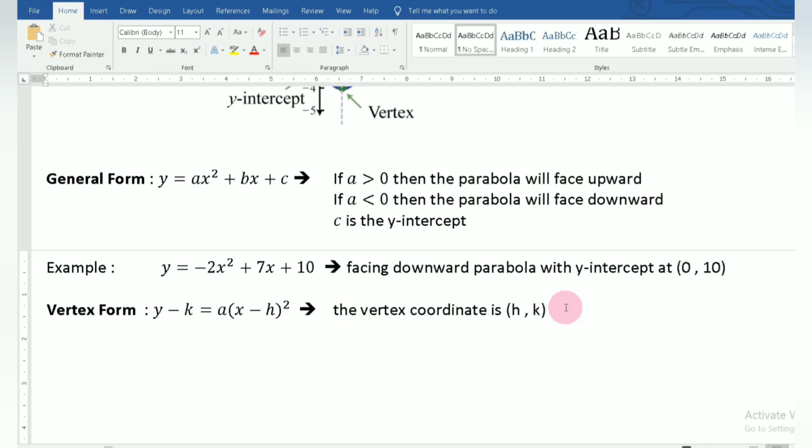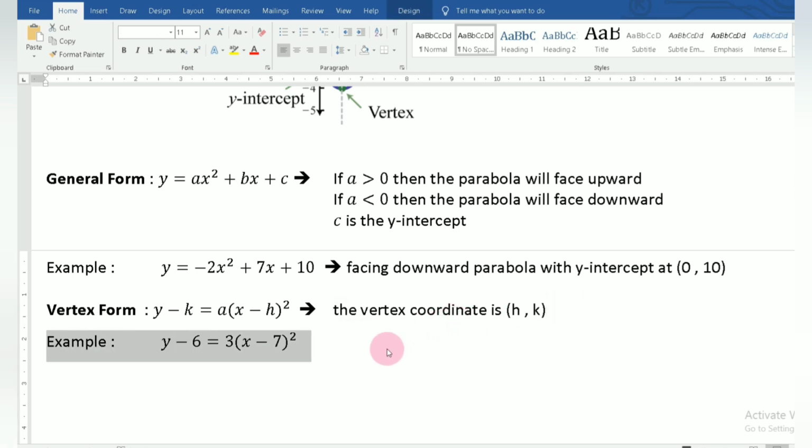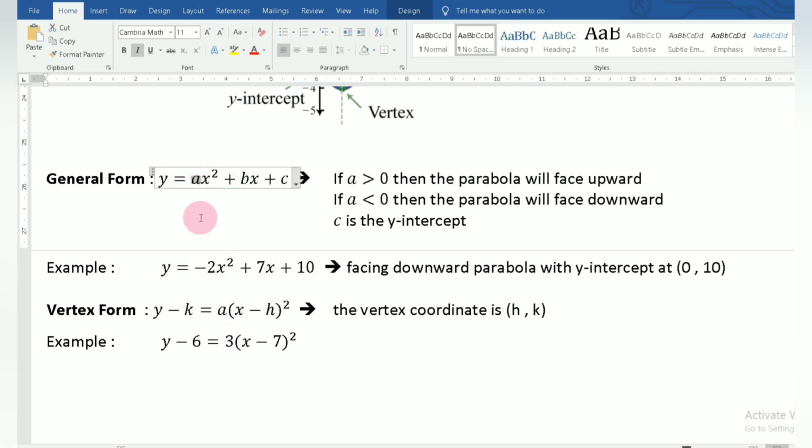For example, if I have the vertex form like this one, the a is 3. The a will be the same as in the general form. So a is 3, and since it is positive, this is a parabola which faces upward, right?